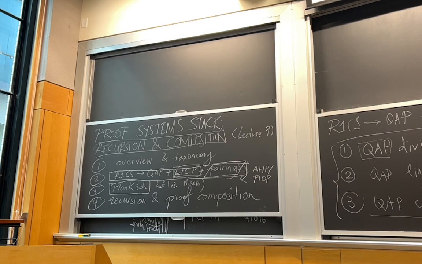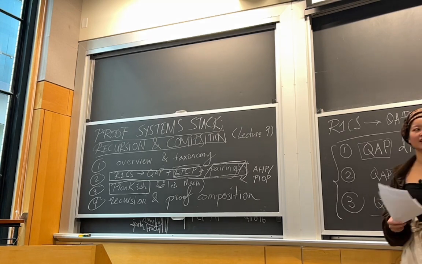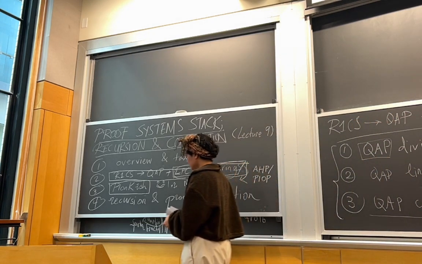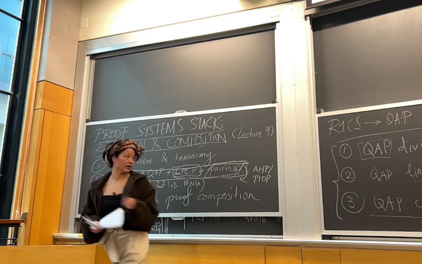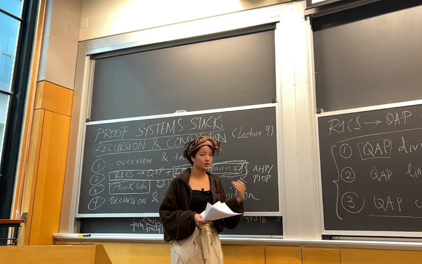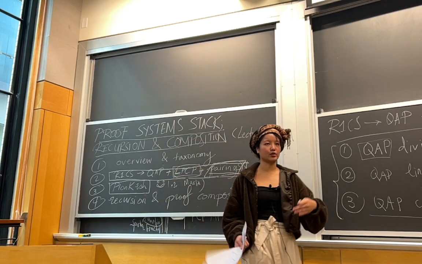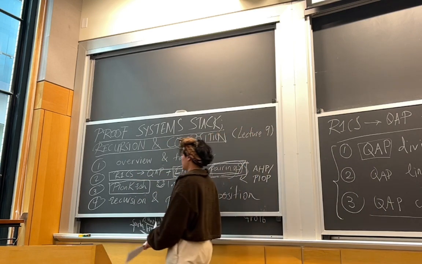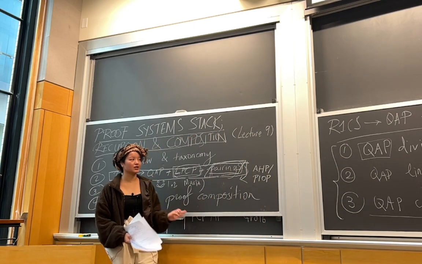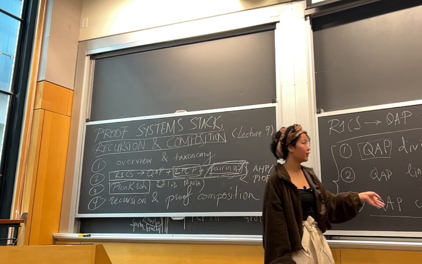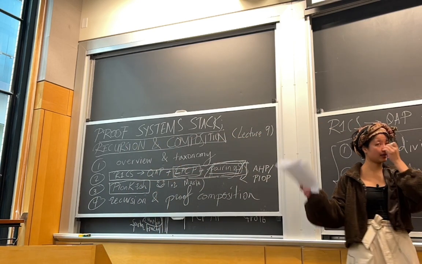I just want to preempt, some people might ask, isn't there still a pairing check at the end of Plonk because Plonk uses KZG? So yes, that pairing check is different from this pairing check. That pairing check is for the commitment scheme. If I swapped out a commitment scheme, I wouldn't have to do that pairing check. And that pairing check is for the evaluation of a polynomial. It's not directly checking the identities. It's not directly doing the verifier's work in the IOP.